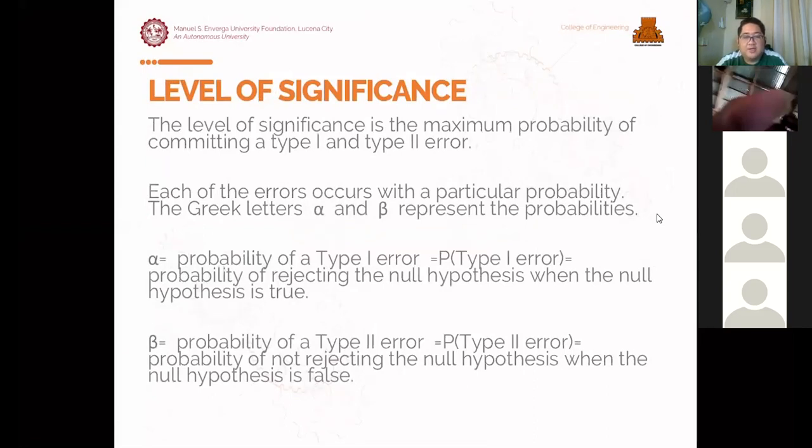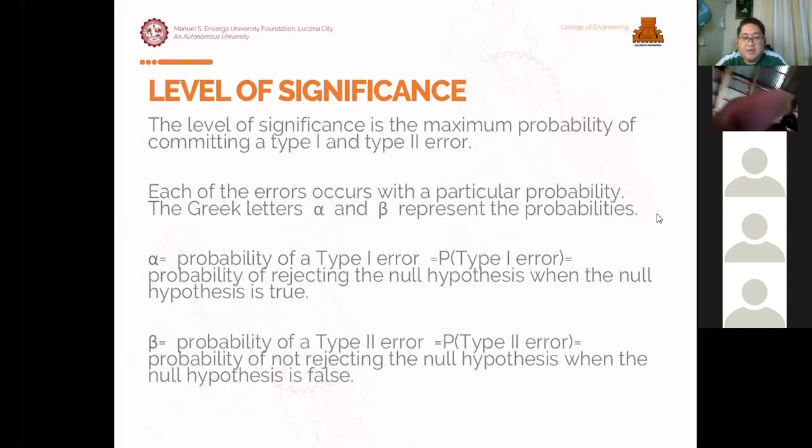Type 2 error is when we do not reject even though we know that it is wrong. Okay? So each of these errors occurs with a particular probability represented by a Greek letter, alpha and beta. Okay? So alpha, or the probability of type 1 error, in symbol P(type 1 error). That means the probability of rejecting the null hypothesis when the null hypothesis is true.